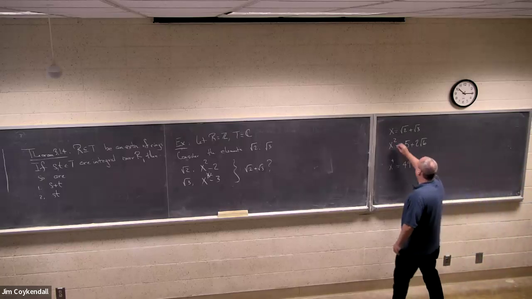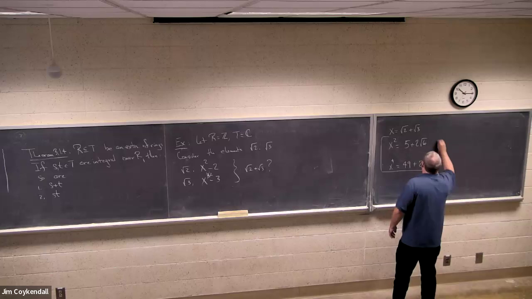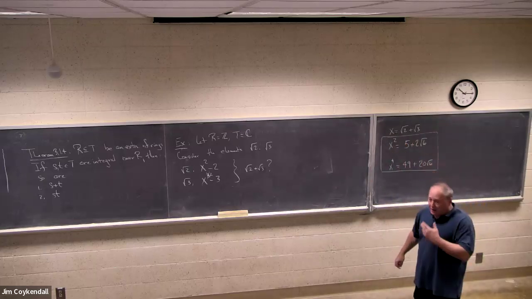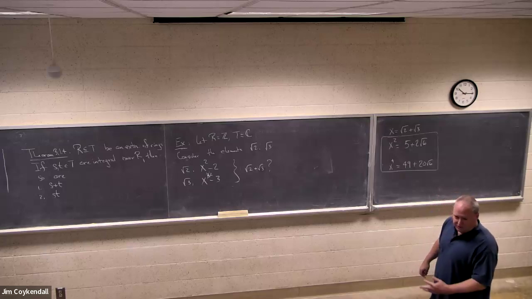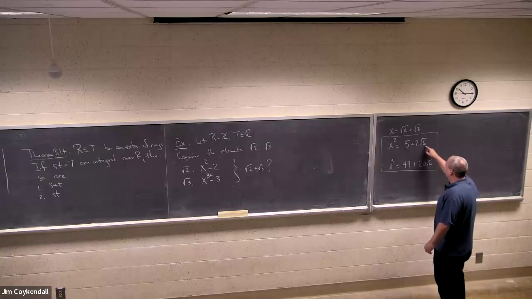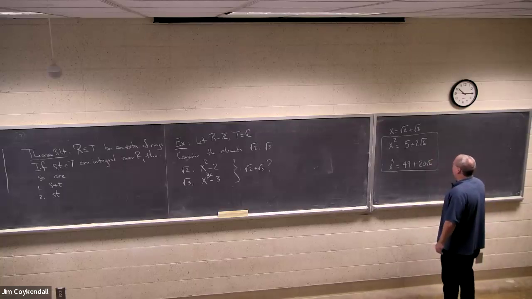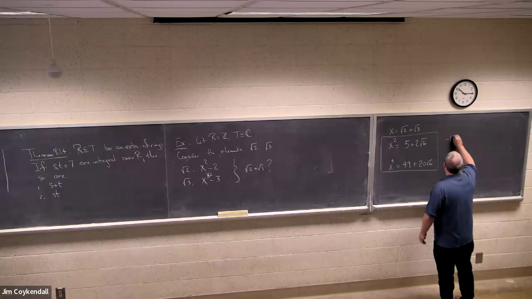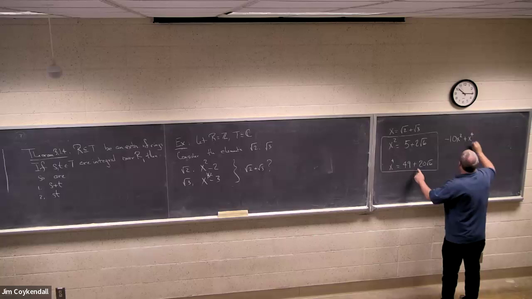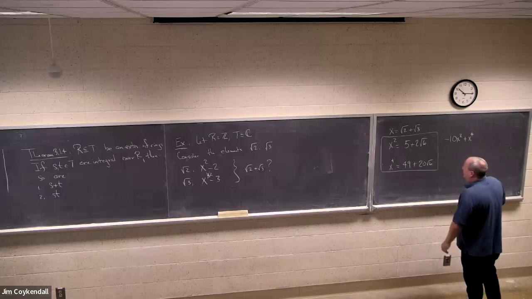Now, just making this observation here, and again, this is why I say this example is easy. I don't really have to use the cube in there. It just makes things messier. I can use a little bit of linear algebra, and I notice that if I have minus 10 times x squared plus x^4, what happens here?